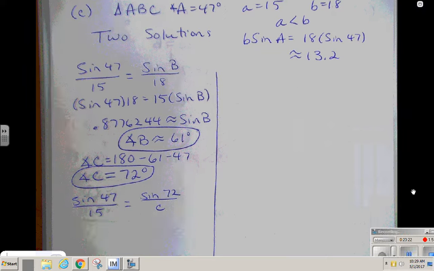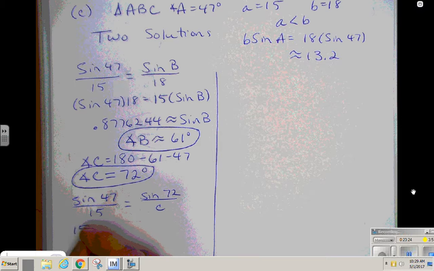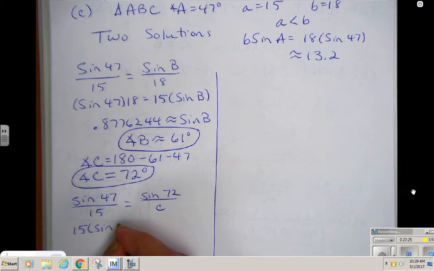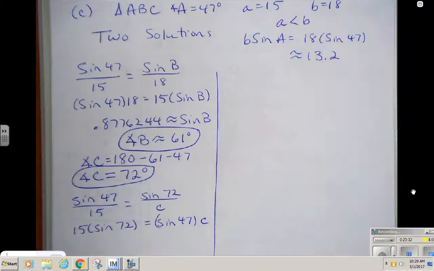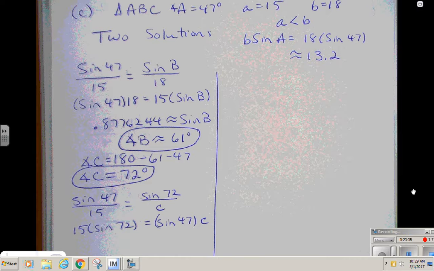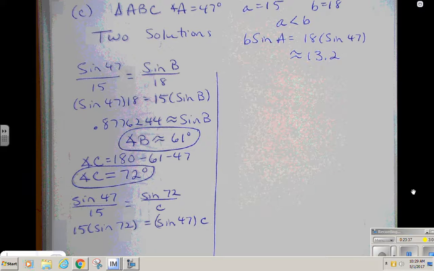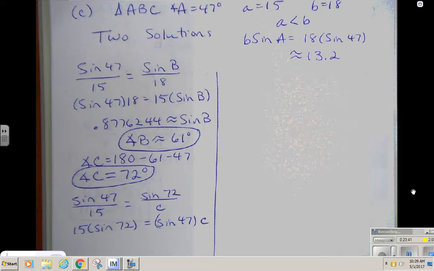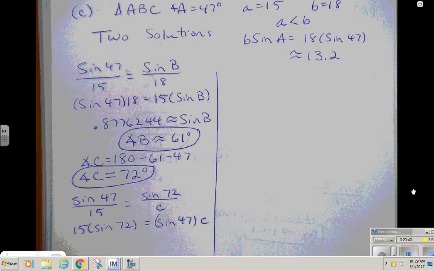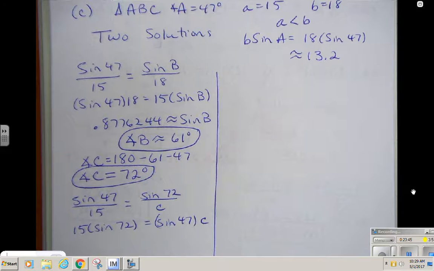Do the cross products. And I'm getting that side C is about 19.5.